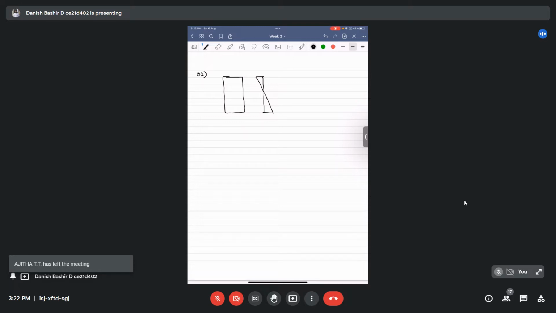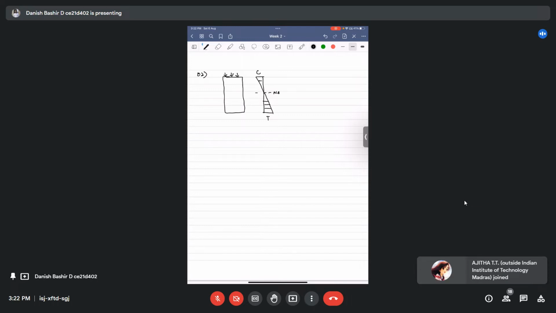If it is a downward loading, we know that on the top, above the neutral axis, the beam is subject to compression, and below the neutral axis it is subject to tension. So there will be compressive strains on the top of the beam and tensile strains on the bottom of the beam. These are the basic assumptions which are assumed in the analysis.